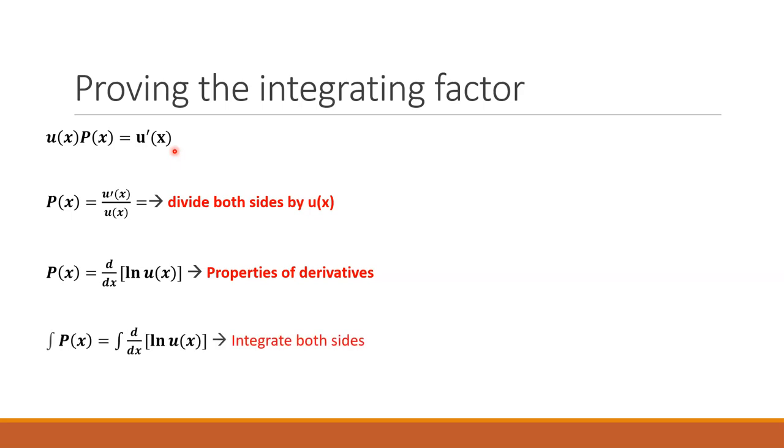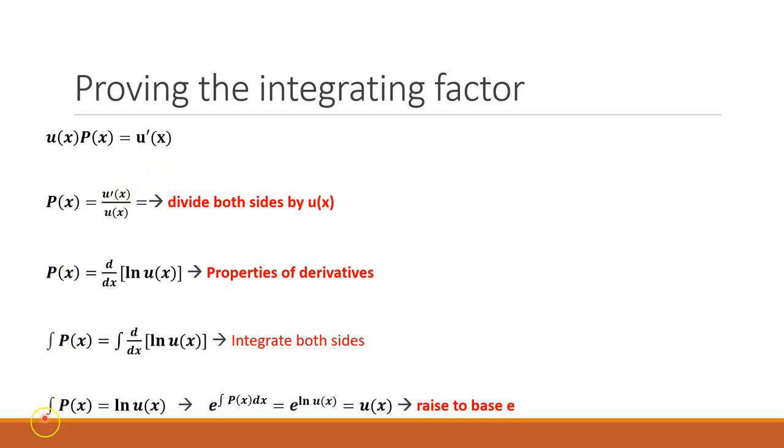So we integrate both sides of that equation. On the left side, we're going to leave that alone for now. On the right side, the integral and that derivative are going to cancel each other, leaving us with the integral of p of x is equal to the natural log of u of x.